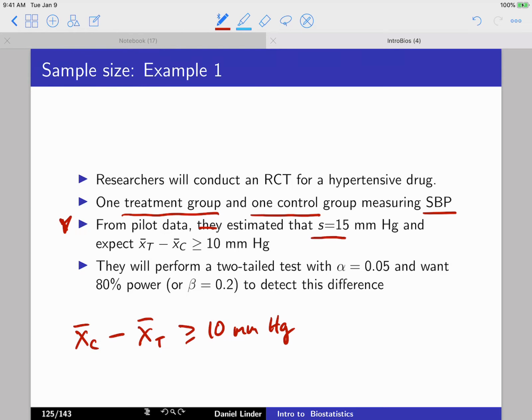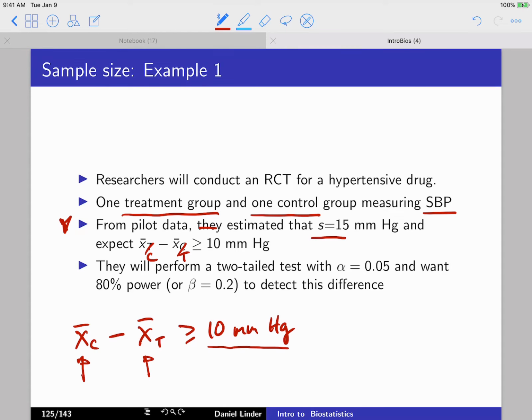So this actually makes more sense. So let's switch these two around. So this is actually what they expect to happen. They expect that the mean systolic blood pressure in the placebo group or the control group is going to be at least 10 millimeters of mercury greater than in the treatment group.